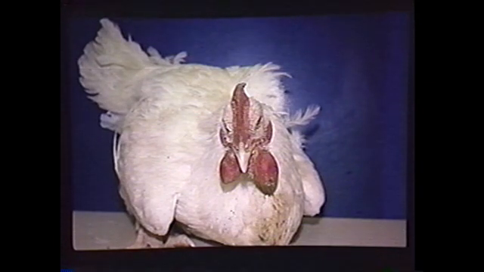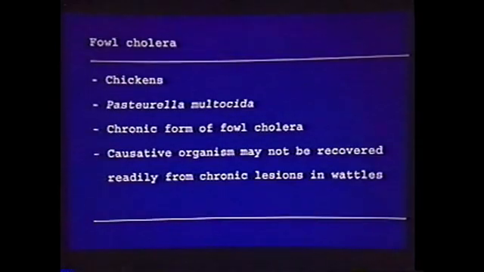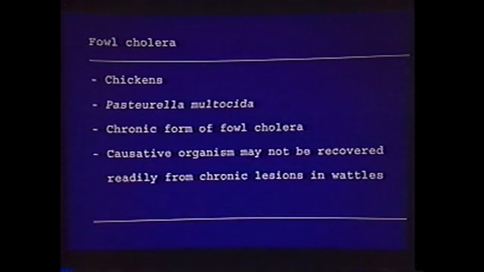Pasteurella may not be very easy to isolate, and you have to pay really good attention to be able to isolate that bacteria. Otherwise, it can be missed in an advanced lesion when other bacteria are contaminating the picture. When you cut through the wattle, you can see all this caseous necrotic material. This is caused by Pasteurella multocida, the chronic form.